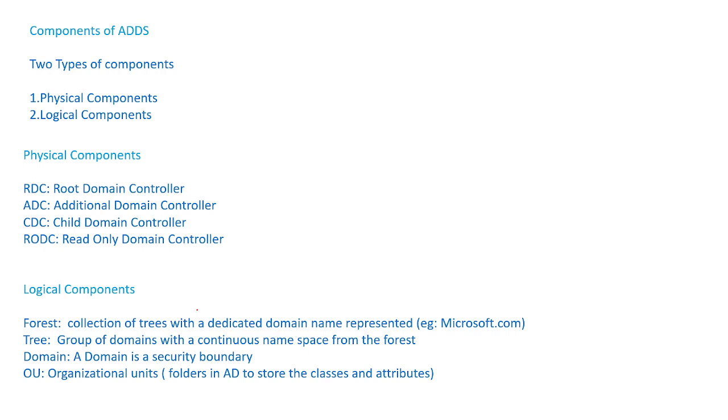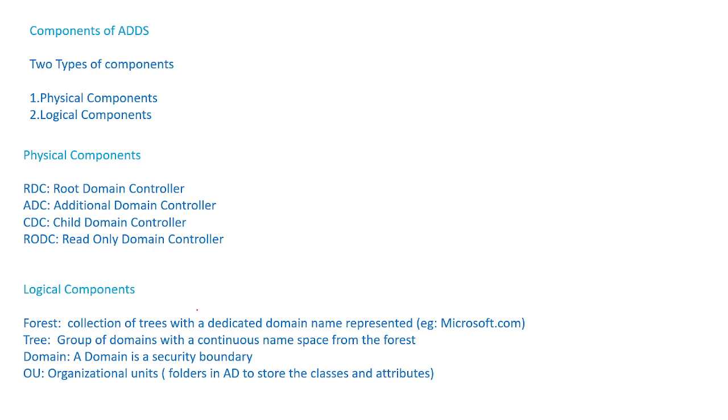But here it is imaginary, logical or virtual, because you cannot touch it, you can only imagine it. That is why we call it logical. Physical components are the ones you can touch and feel, and logical means you can only imagine them, and such components we call logical components.